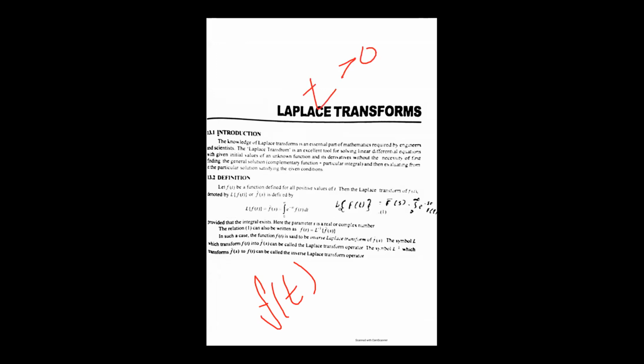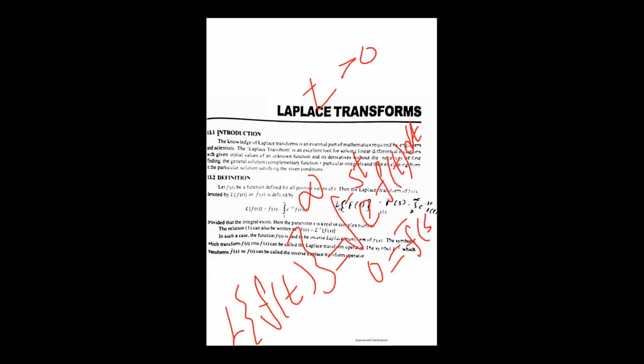Then the Laplace transform of f of t, that means L of f of t, is defined by L of f of t equal to integral 0 to infinity e power minus st f of t dt. We get a result, and that result is named f bar of s. So this is the definition of Laplace transform.